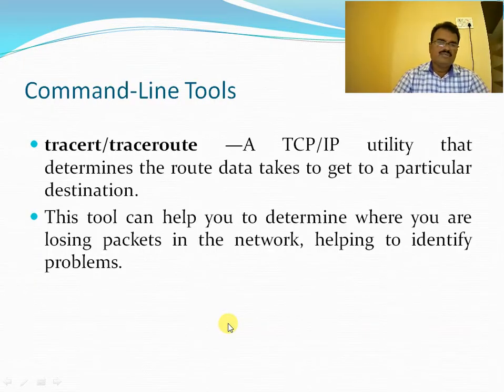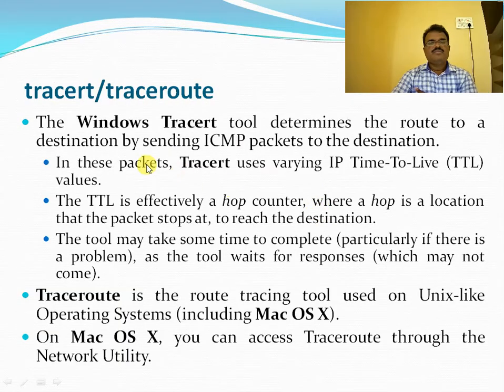Another command line tool is tracert or traceroute. This is also a TCP/IP utility that determines the route data takes to get to a particular destination. This tool can help to determine where we are losing packets in the network, helping to identify problems. The Windows tracert tool determines the route to a destination by sending ICMP packets to the destination.